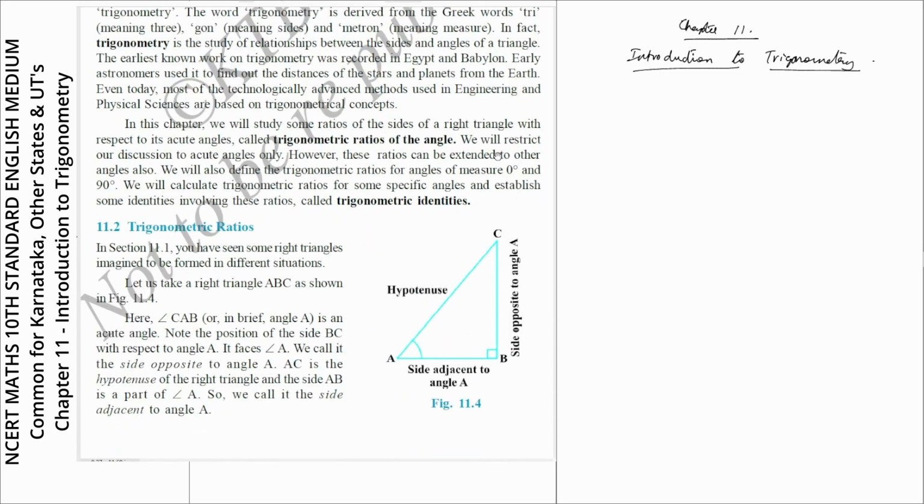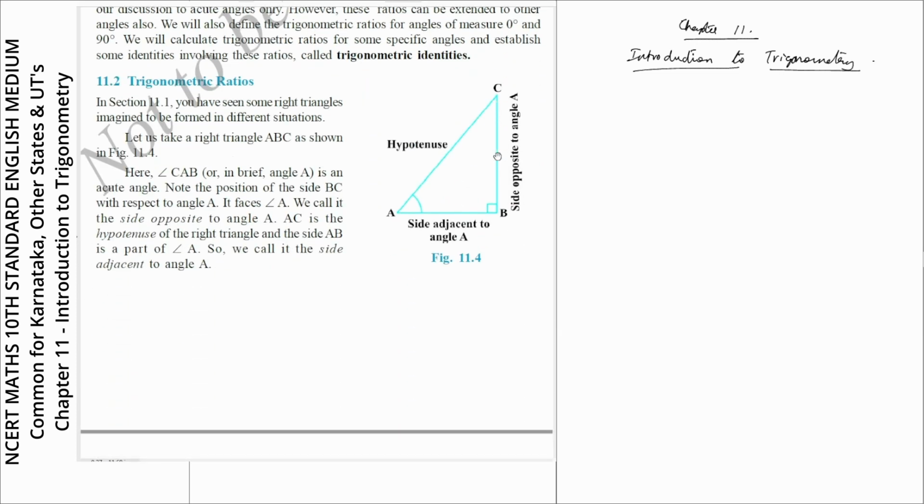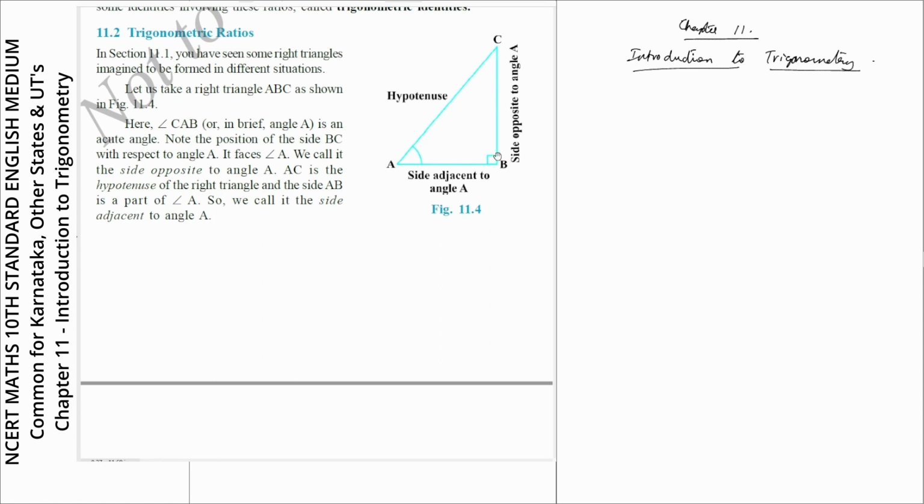To calculate all these things, we need to know what trigonometric ratios are. Trigonometric ratios are defined with respect to a right angled triangle only. Now see this right angled triangle ABC. There are three angles, angle A, angle B and angle C. Angle B is 90 degrees.